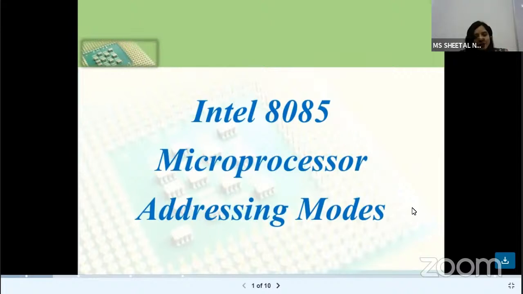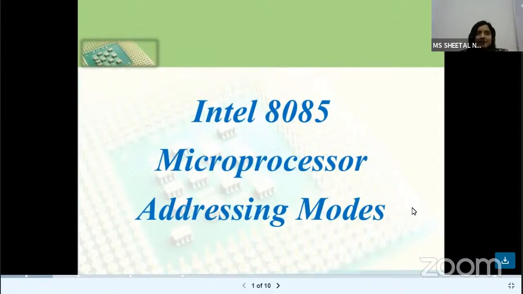So first of all, what are addressing modes of the 8085 microprocessor? Basically, the way of specifying data to be operated by an instruction is called addressing modes. Every instruction of the 8085 microprocessor contains two parts, opcode and operand.